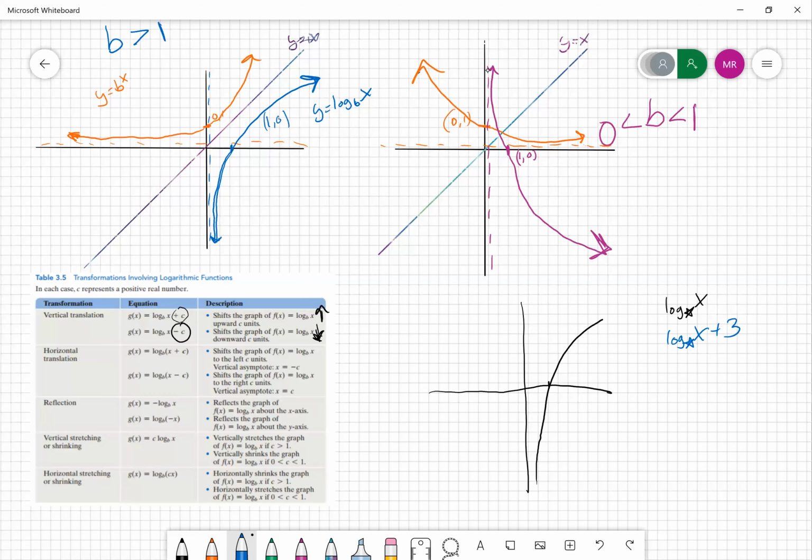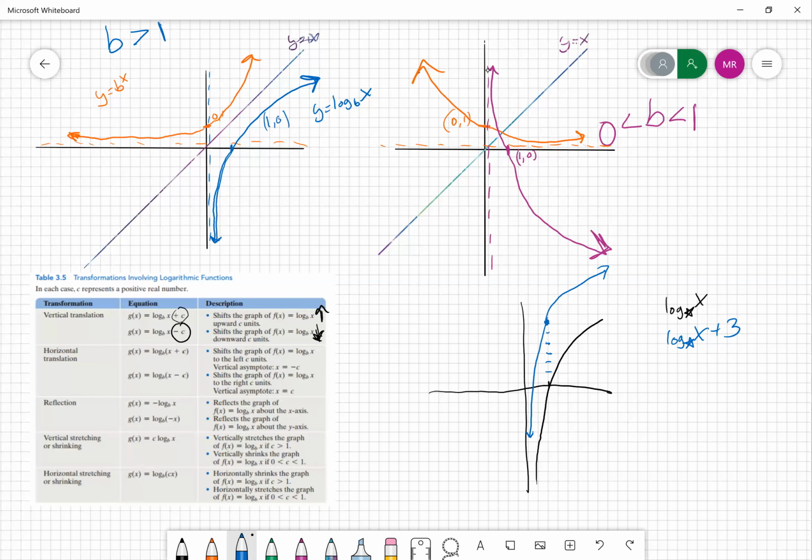So we take this and move it up 1, 2, 3. So our new graph looks like this. It follows the same pattern: as we get closer to 0, it goes towards the asymptote, and if not, it goes out to infinity.